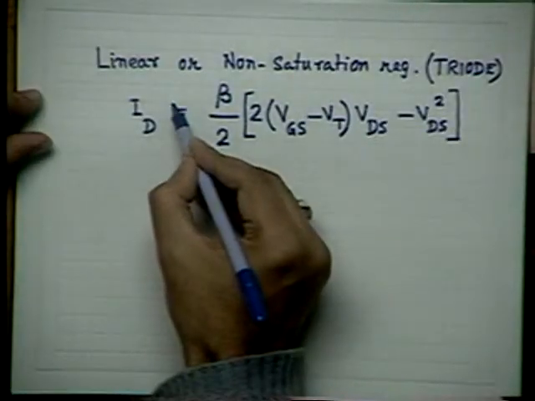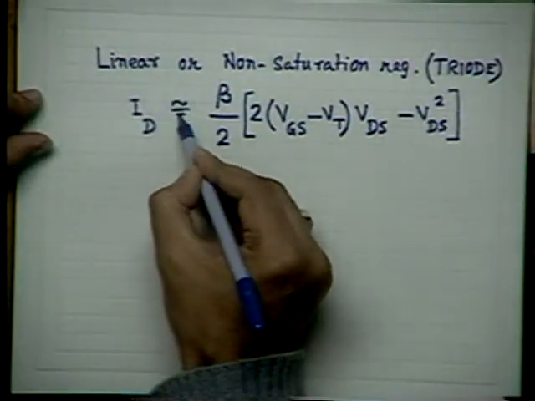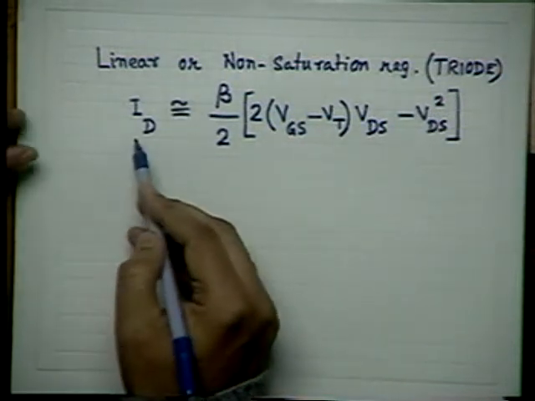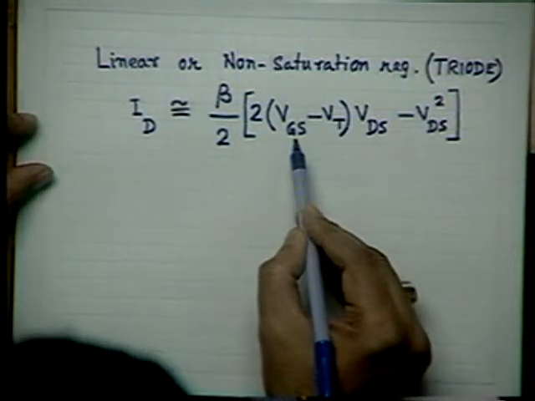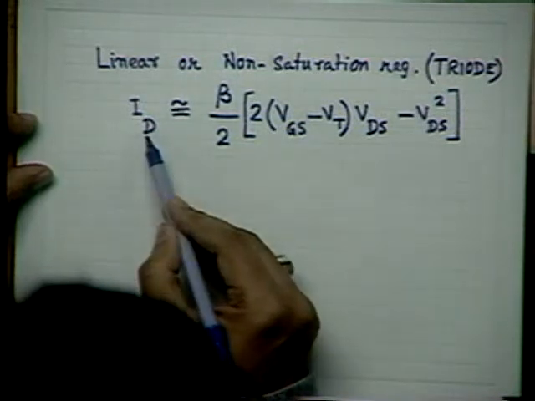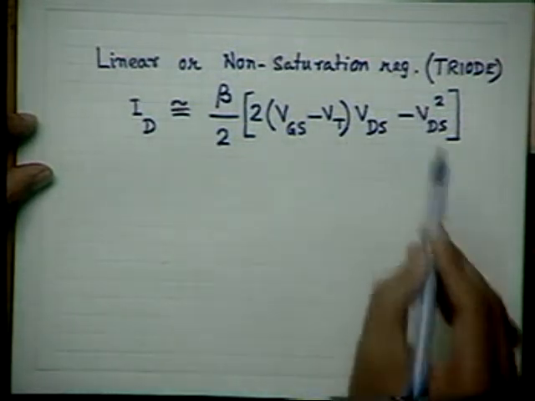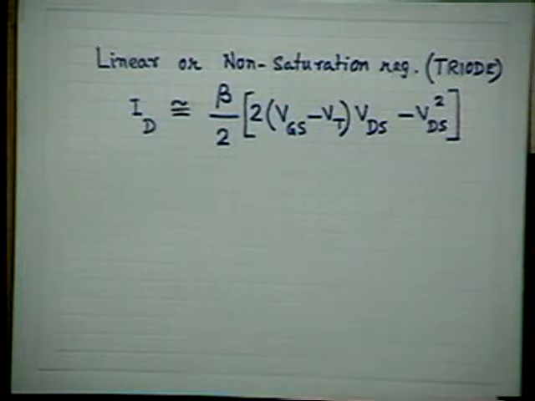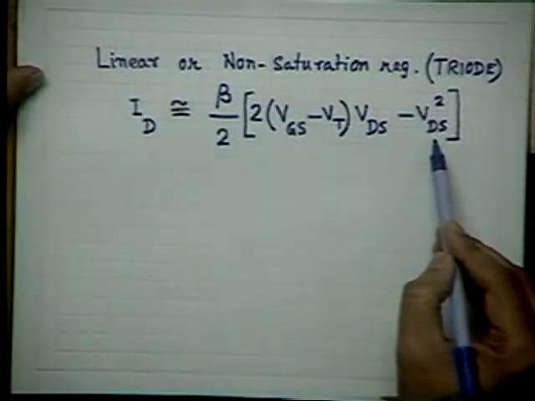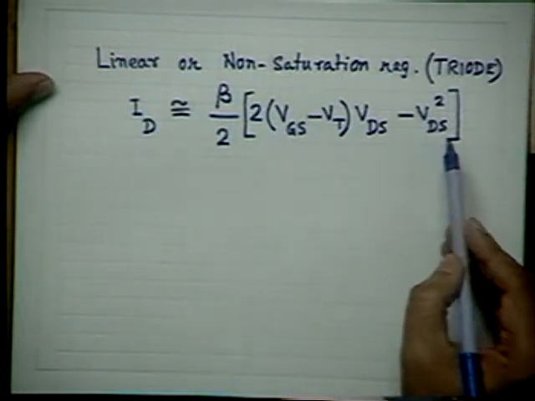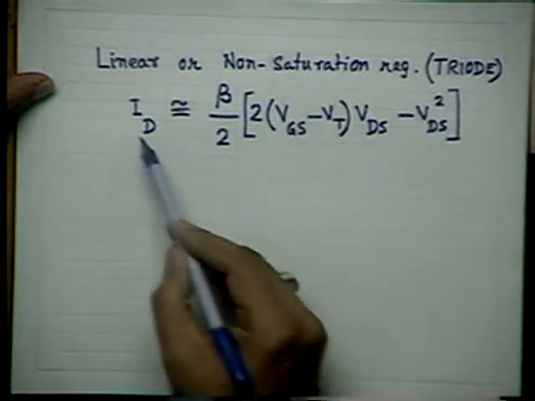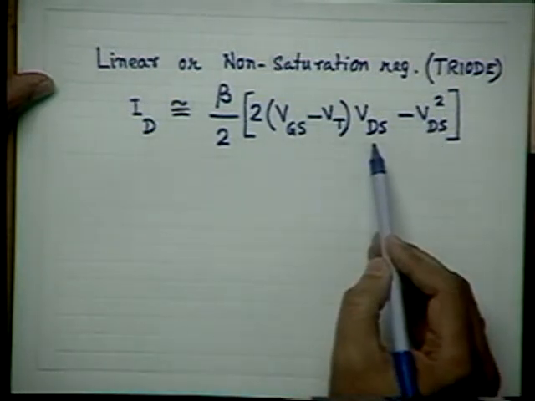And this is a simple or approximate relationship showing the functional dependence of ID on VGS and VDS. You can see very easily that when VDS is very small compared to unity, then this term drops out, so ID is proportional to VDS.